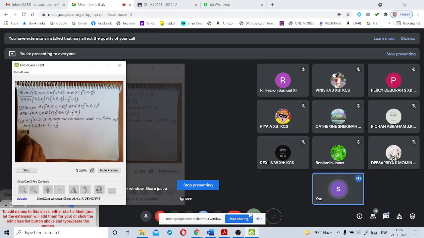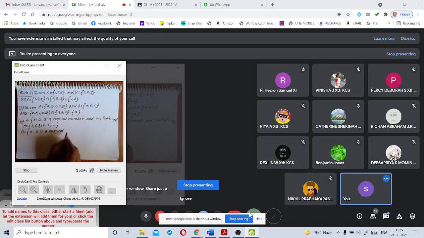Next, B is equal to set of all x such that x is a natural number less than 6. Then can you tell me the elements of set B?